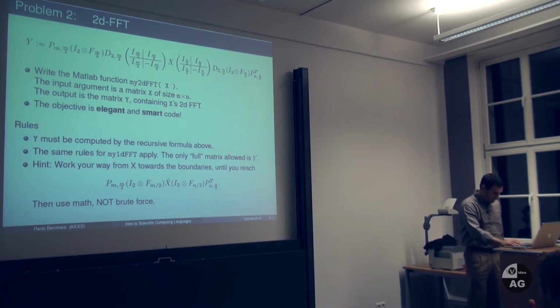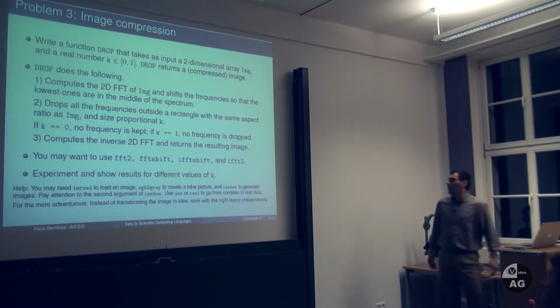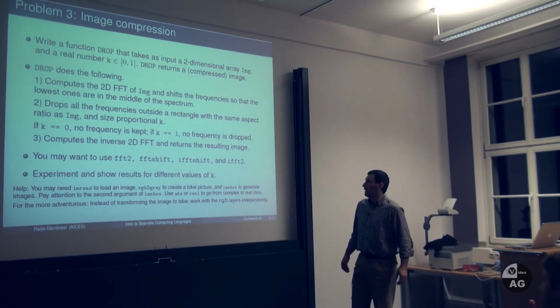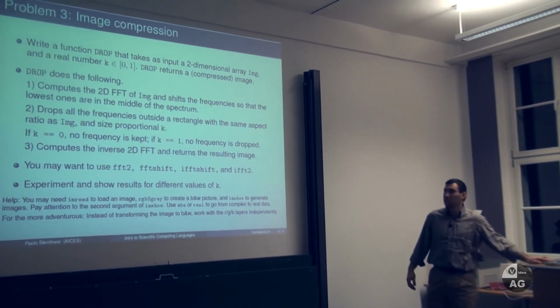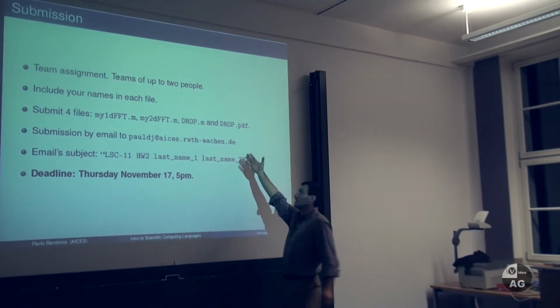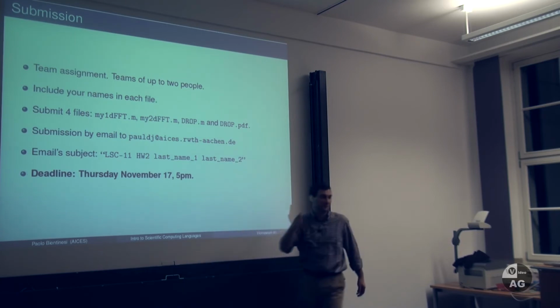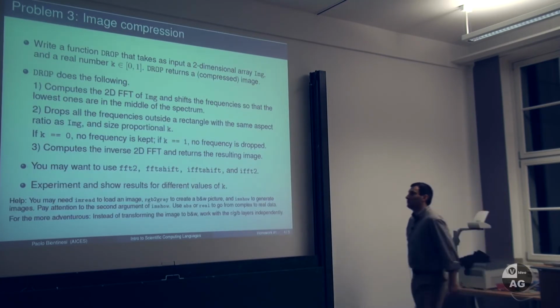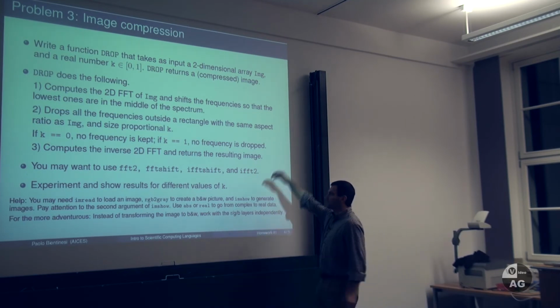Third part. So I changed slightly the requirement. I told you that I wanted you to submit 3 files. Actually, I changed my mind and I added a drop.pdf, so that's a 4th file. What do I want in the drop.pdf?